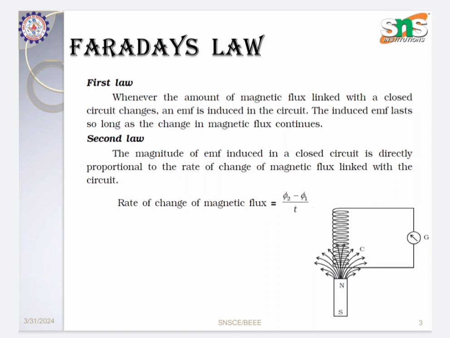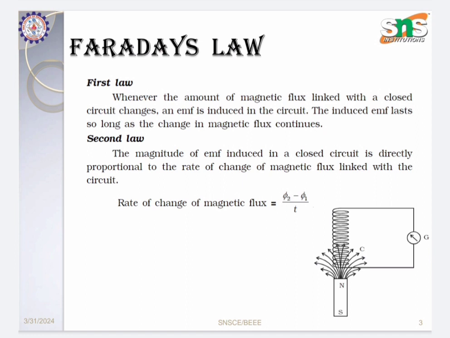Coming to the second law, the magnitude of the EMF induced in a closed circuit is directly proportional to the rate of change of the magnetic flux linked with the circuit. So, the first law and second law are presented in front of us.